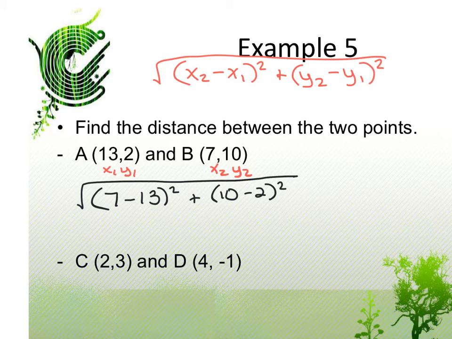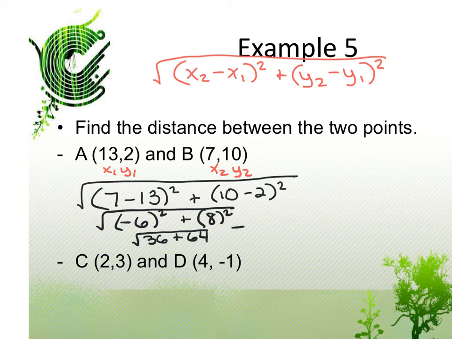I now need to subtract, and I get negative 6 squared, 8 squared. Now I don't add first, I square first, and then I add the result. So negative 6 squared is 36, 8 squared is 64, and I'll add them, and then square root 100, and the square root of 100 is a 10.